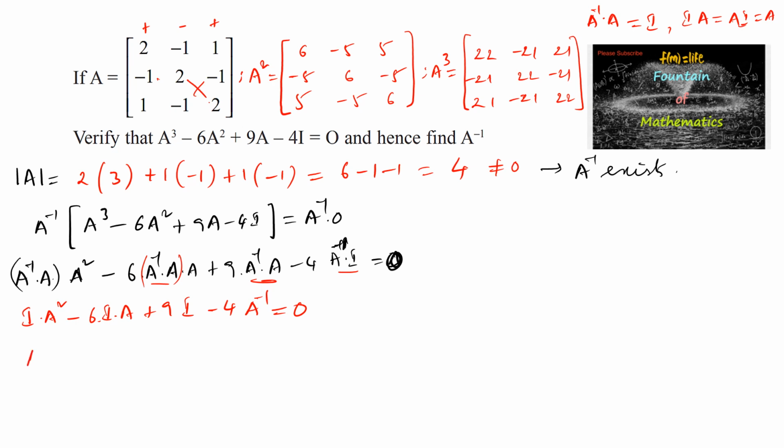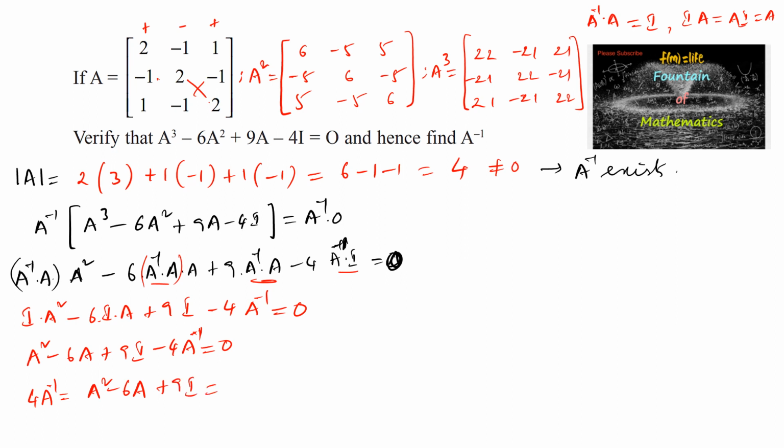Or I into A square is A square minus 6 into A plus 9I minus 4 times A inverse is equal to 0. Or we can also write 4 times A inverse is equal to A square minus 6A plus 9 times of I.